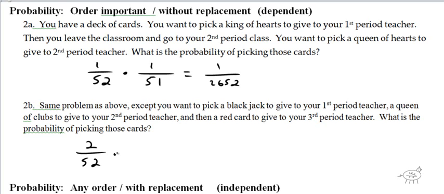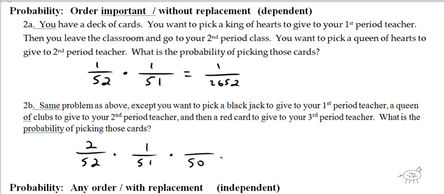And then I want to give a queen of clubs to my second period teacher. Well, guys, I didn't use 2 cards. I only picked one of those blackjacks. So I really have 51 cards left over, and I'm picking 1 queen of clubs, only 1 queen of clubs. And then I want to give a red card to my third period teacher. Well, I only have 50 cards to choose from, and I haven't picked any red cards yet, have I? So how many red cards do I have to choose from?